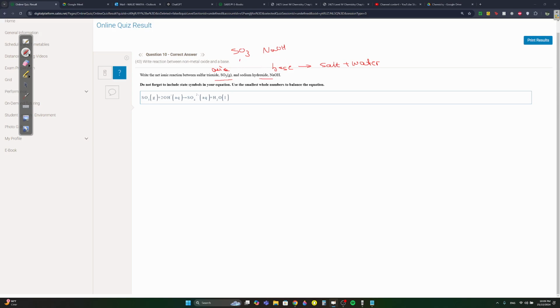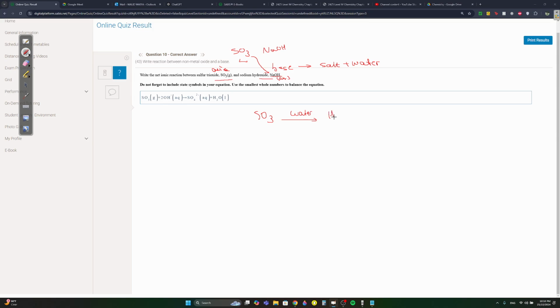But when you have an acidic oxide, it's different because acidic oxides don't react on their own. When you're reacting these two, you know NaOH is aqueous, meaning it's dissolved in water. When you dissolve SO3 with the NaOH, which is in water, there's actually stuff happening behind the scenes. You're technically dissolving SO3 into water at the same time.